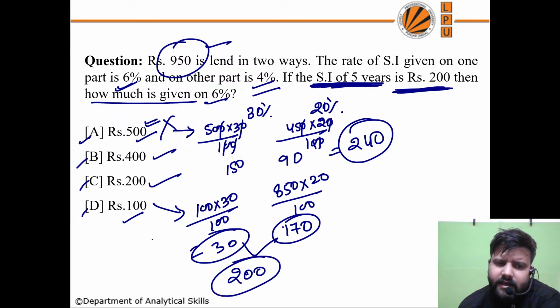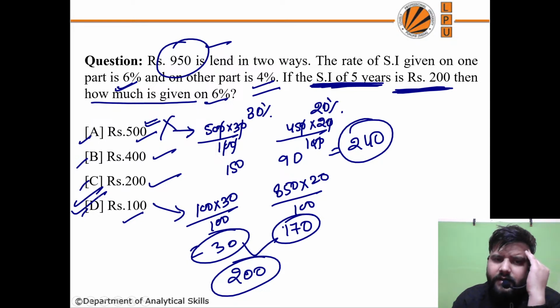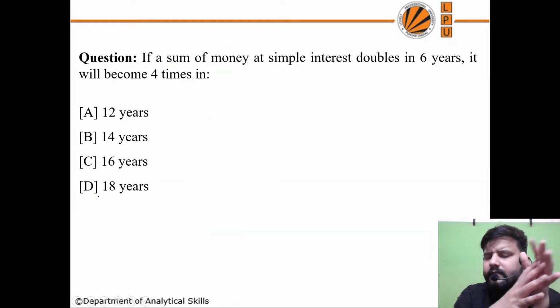That means option D is satisfying. So just like that, you can check options here also. Okay, let's move to the next one and answer it fast.